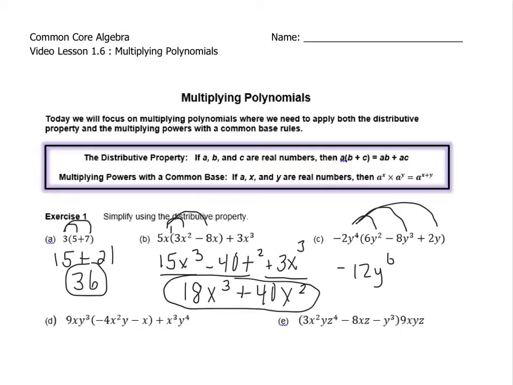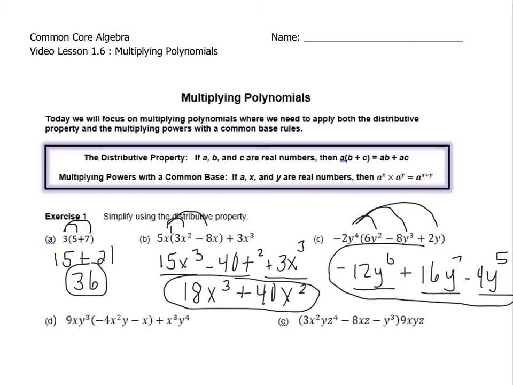Be careful, a negative times a negative is a positive, and you get 16y to the seventh. 4 plus 3 is 7. And negative 2y to the fourth times positive 2y gives you negative 4y to the fifth. This has an exponent of 6, exponent of 7, exponent of 5, so you're done. You can't combine any of those because they're not like terms.